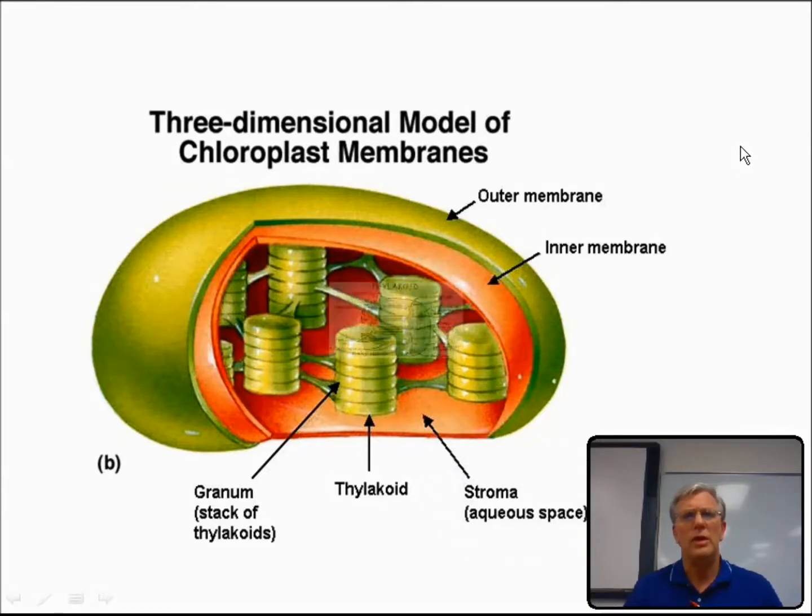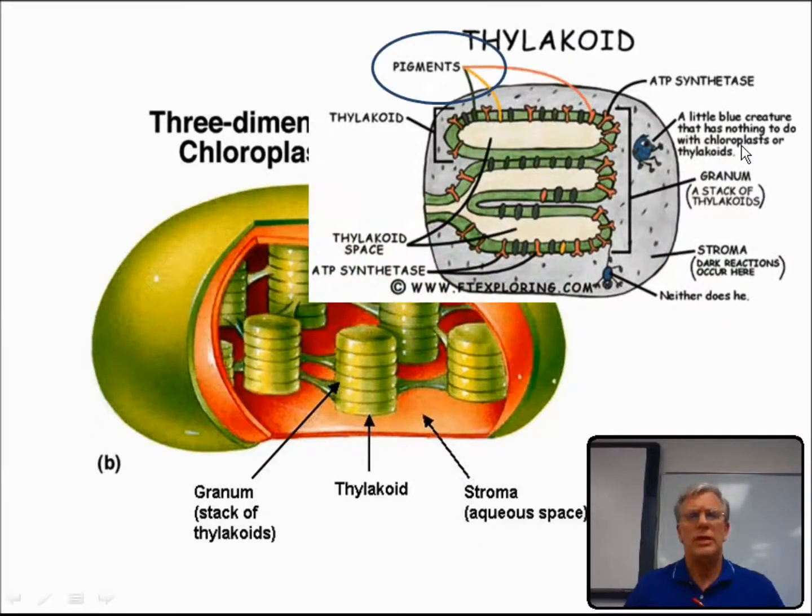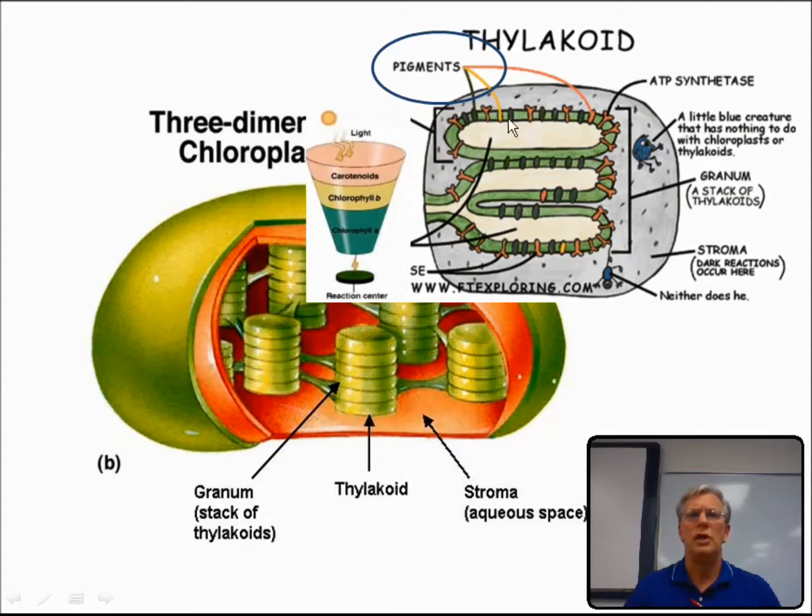Okay, so as we continue to zoom in on a thylakoid, we can see that the thylakoid actually has a membrane, and built into the membrane are pigments. Now, the purpose of pigments is to absorb light, and different color pigments absorb different colors of light.